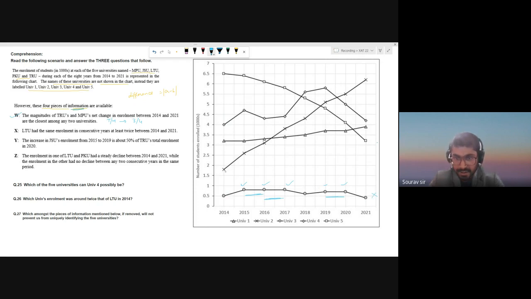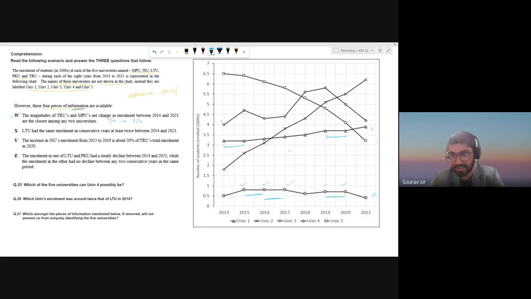Let us check. Then this straight line graph is always increasing, nothing same. Here, this section is same, and then this section is same. So this could be L, possible. Let us check the other ones. In the diamond graph, there is nothing.